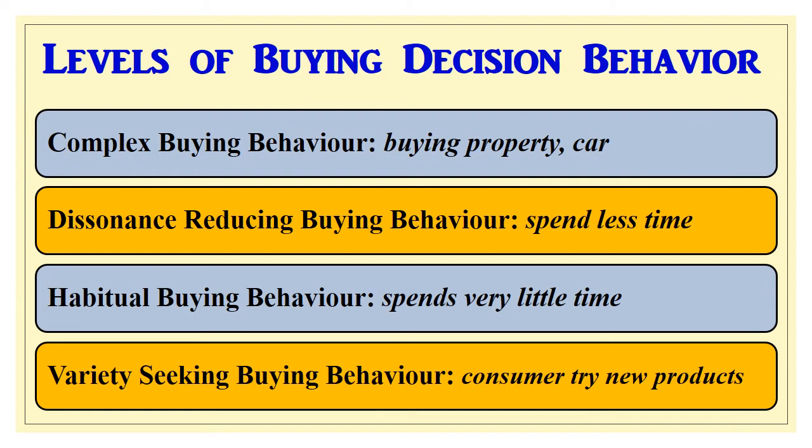Second is dissonance reducing buying behavior. This situation occurs when a consumer uses each step in the purchase process but does not spend a great deal of time on each of them. So it requires less time than extended decision making, since the person typically has some experience with both the what and the where of the purchase.